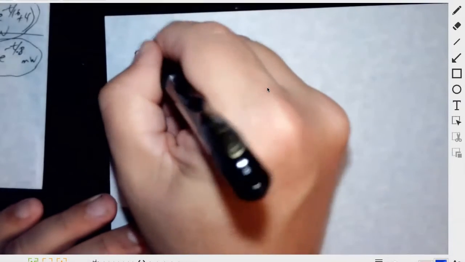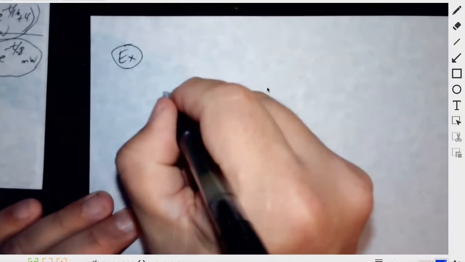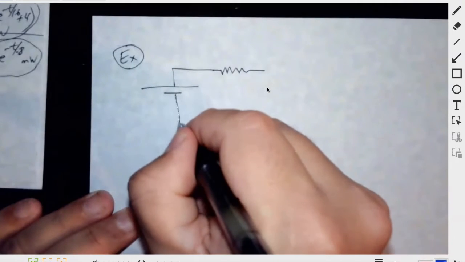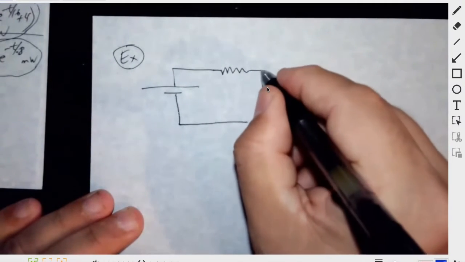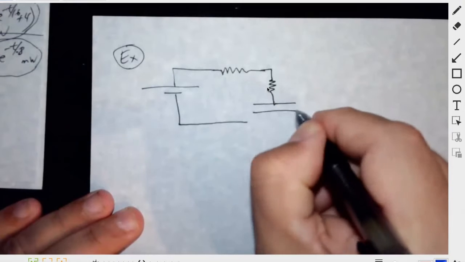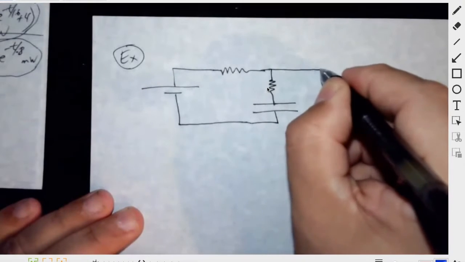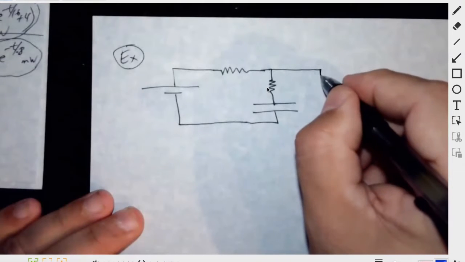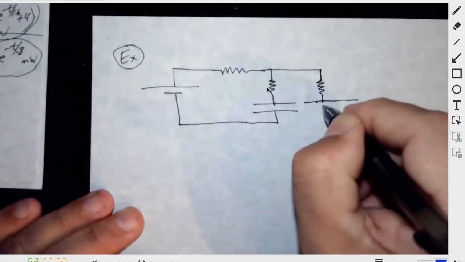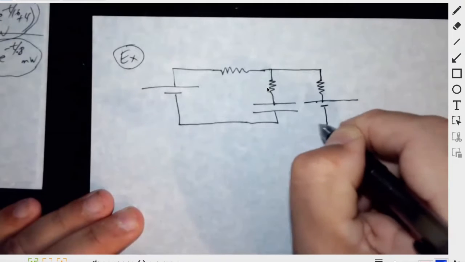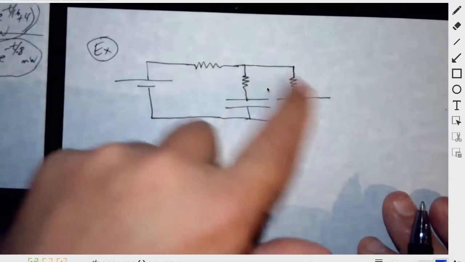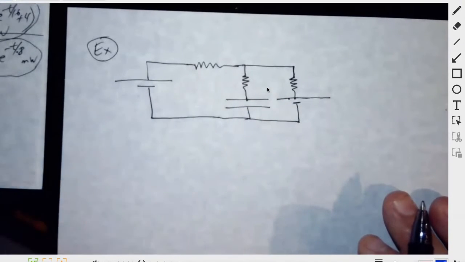So something like this, let's say. So something that has maybe two batteries, a capacitor, but a complex system of resistors and capacitors.